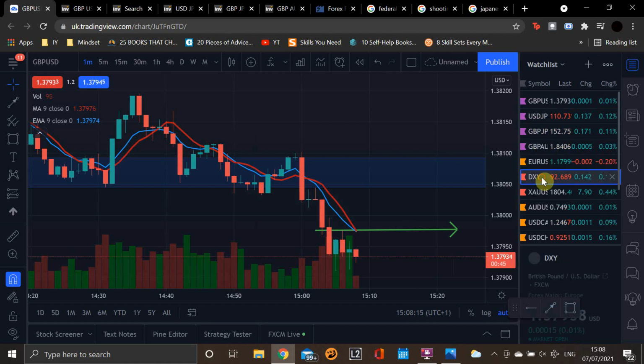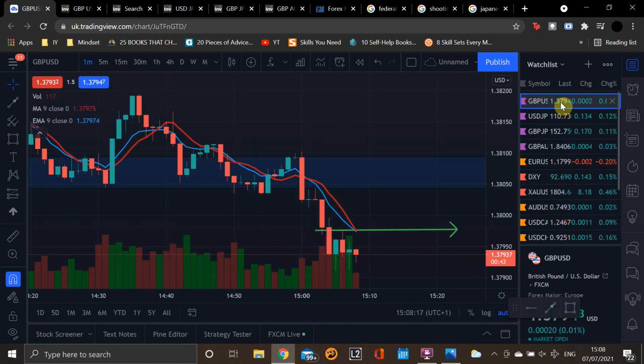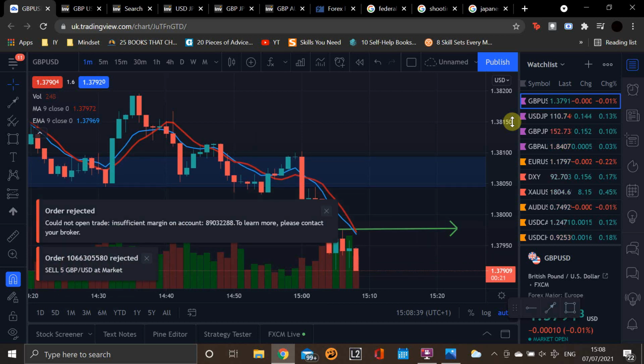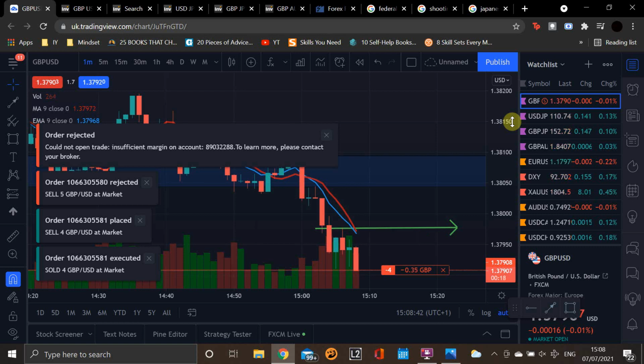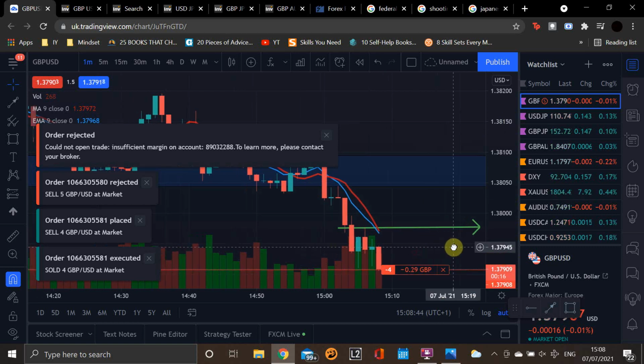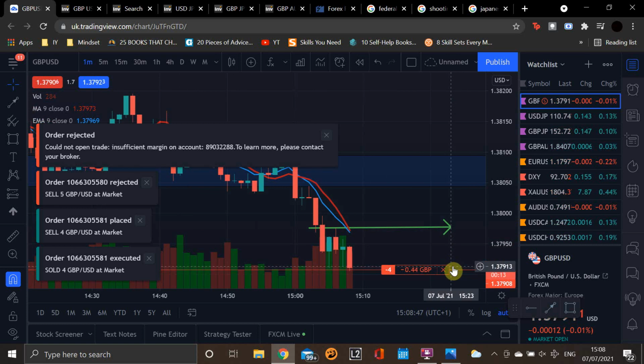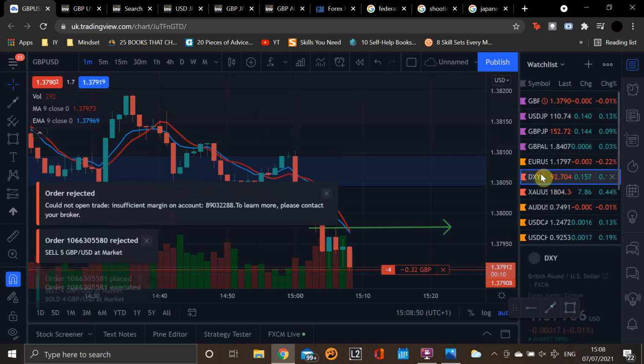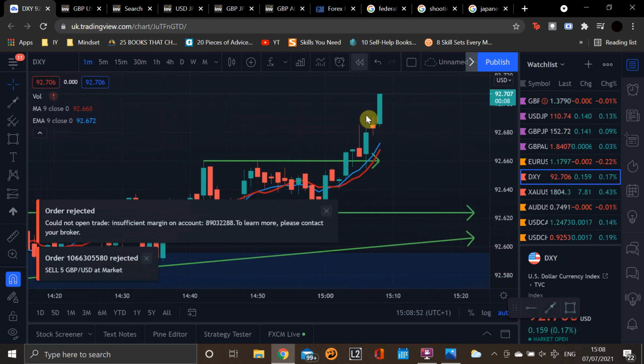USD is still strong. Could get in again. Well, may do. It's pushing down. Yeah, there we go. Again. Get in again. Yeah, very confident there.